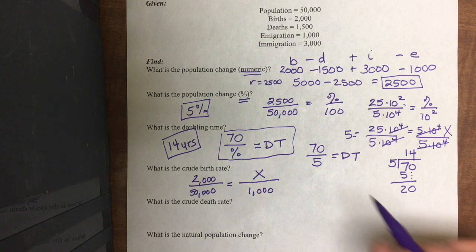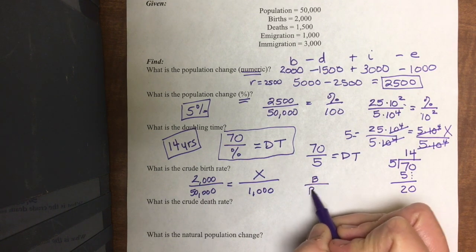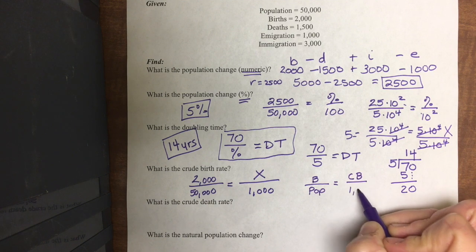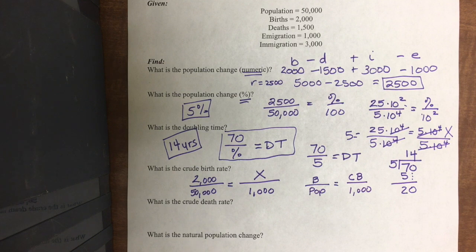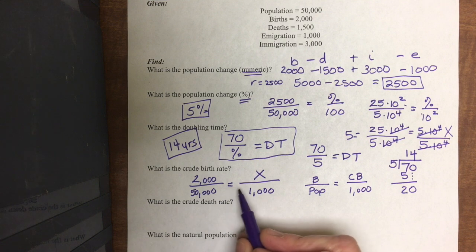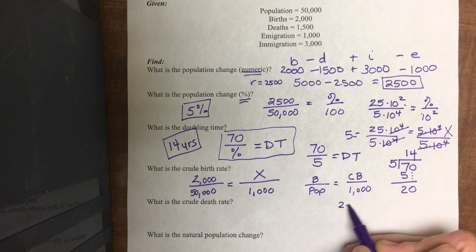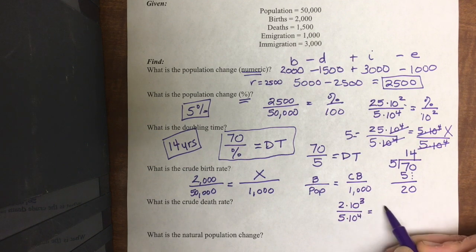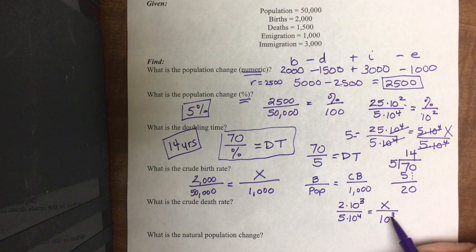It's my exact same setup. I'm going to do my births out of my population, and I'm solving for my crude birth rate out of 1,000. It's the exact same setup as percent. The births over the total is the crude birth out of 1,000. The only difference is crude means out of 1,000. Otherwise, I can use the exact same setup I use for percent. When I cross multiply, I'm going to rewrite in scientific notation: 2 times 10 to the third over 5 times 10 to the fourth equals crude birth over 10 to the third.